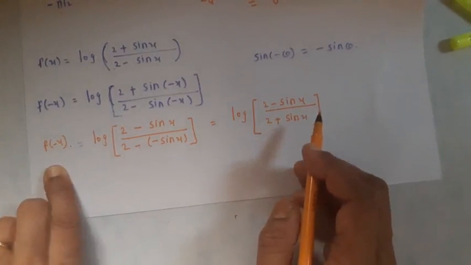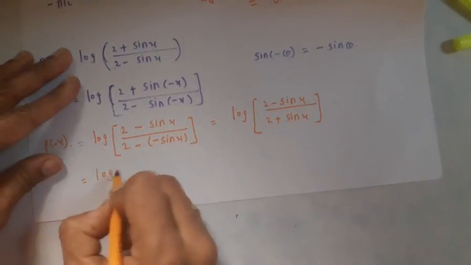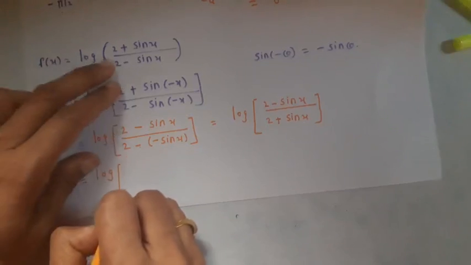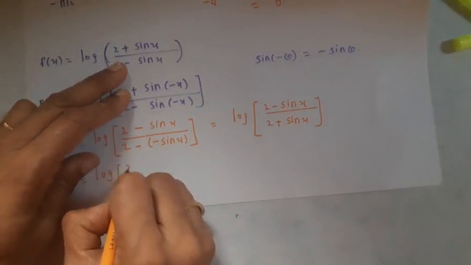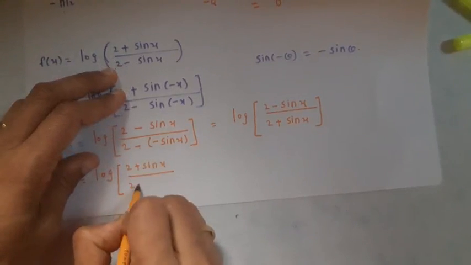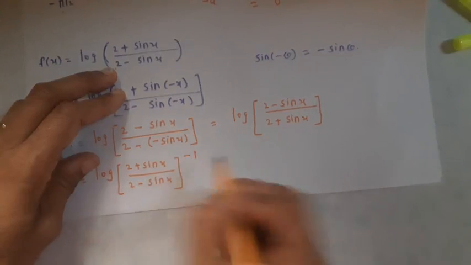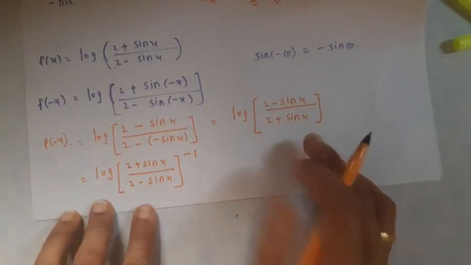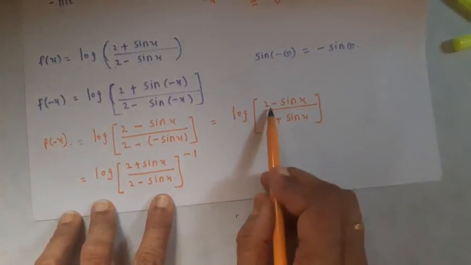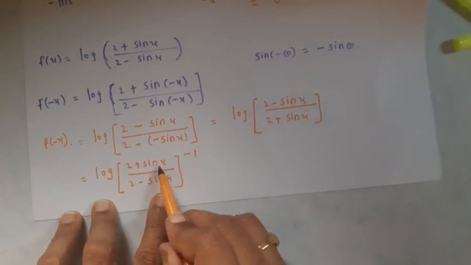Now this is equal to log of 2 plus sin x upon 2 minus sin x raised to minus 1. This is equal to log of 2 minus sin x upon 2 plus sin x, which is log of 2 plus sin x upon 2 minus sin x raised to minus 1.